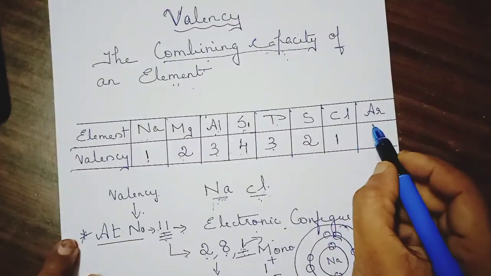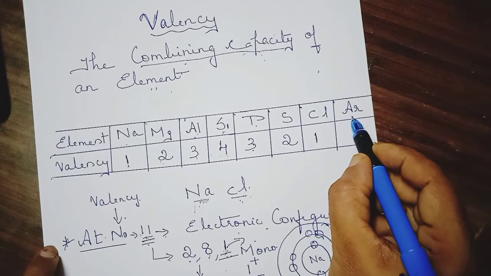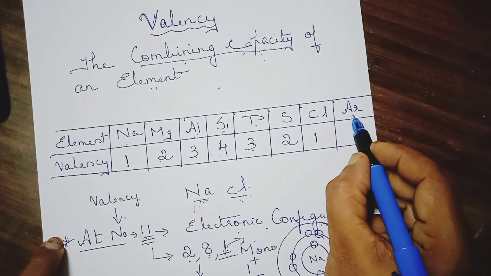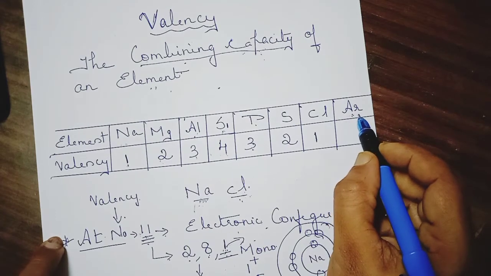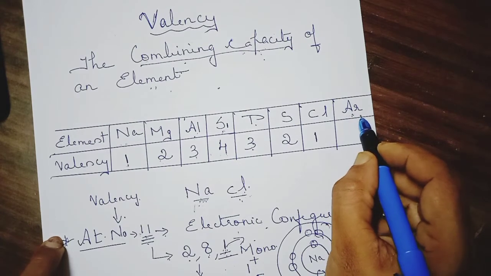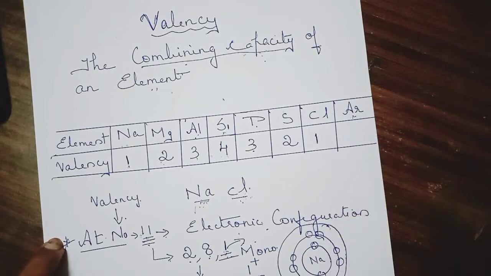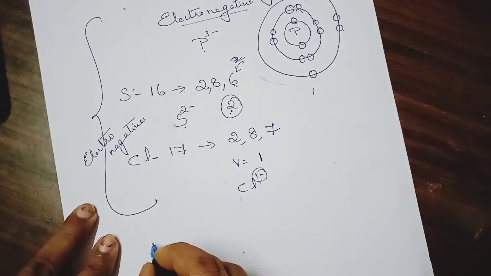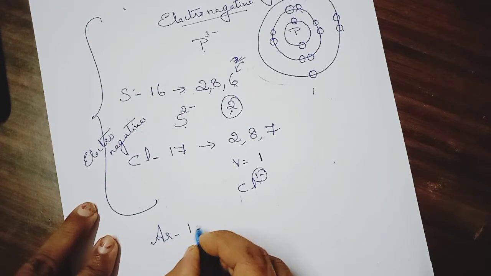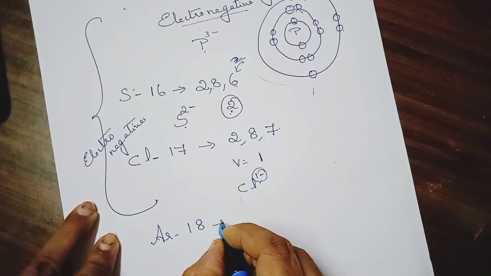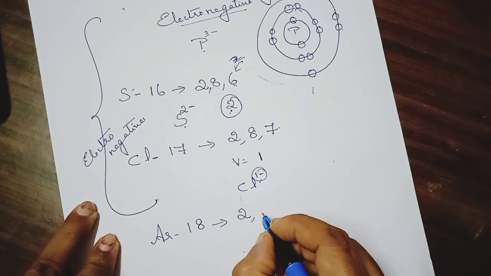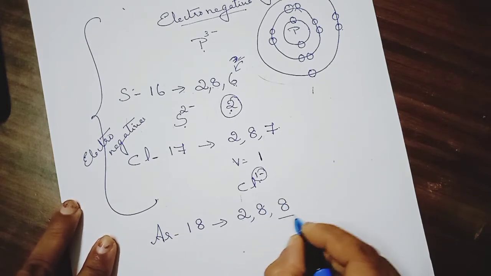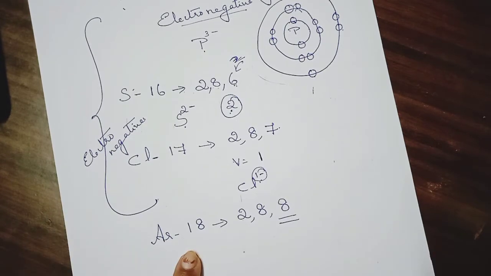Now last, let's see about argon. I hope you all know the peculiarity about argon. It belongs to the 18th group, that is the noble gases. So the atomic number of argon is 18, group 18 element, and the electronic configuration is 2, 8, 8. So what will be the valency of this element?